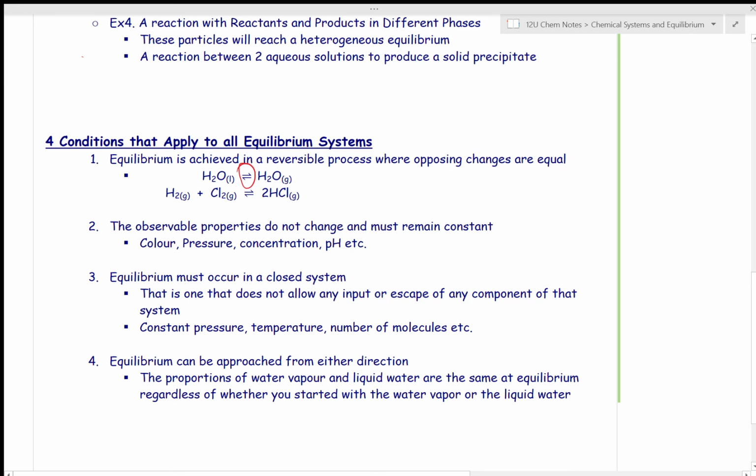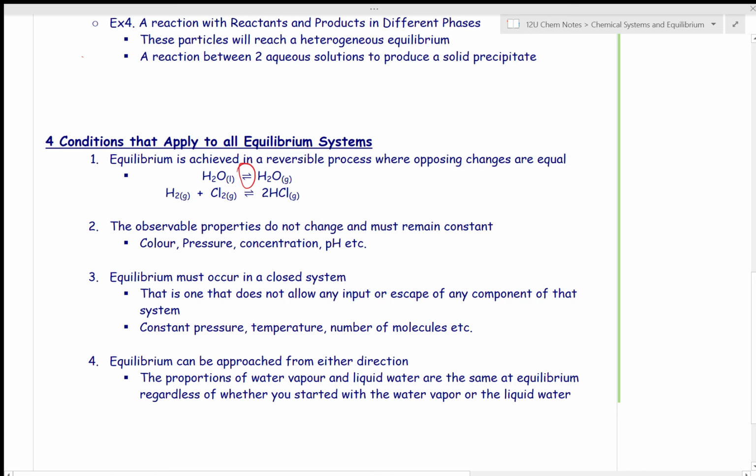If you see the color turning deeper and deeper red, it means that the rate of the forward reaction, which is producing that red color, is still faster than the reverse reaction. When that color change stops, that's when you reach an equilibrium, because the rate at which it's producing is equal to the rate at which it's decomposing.